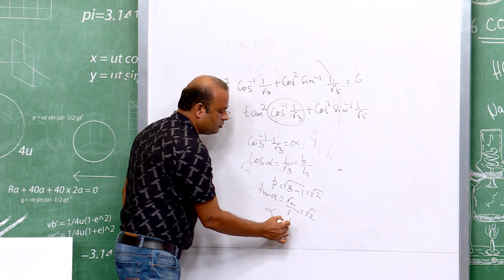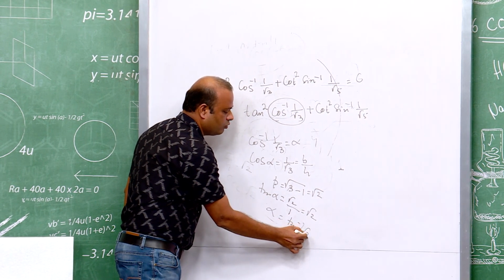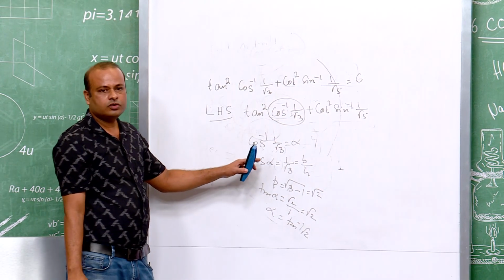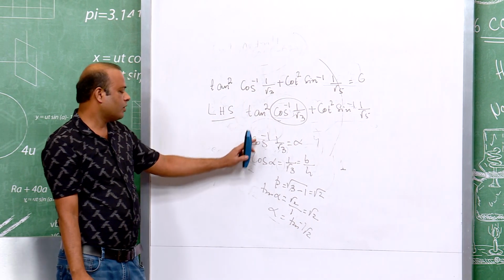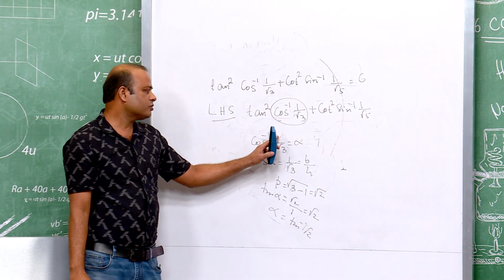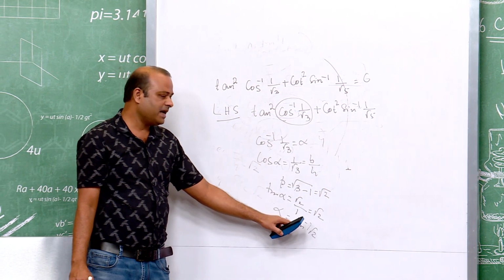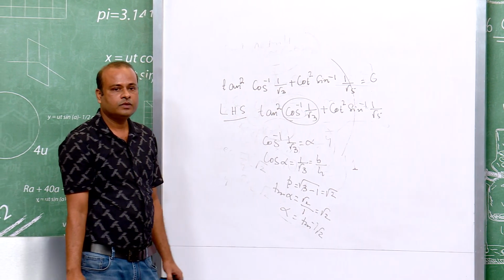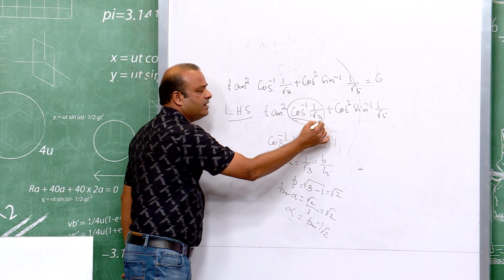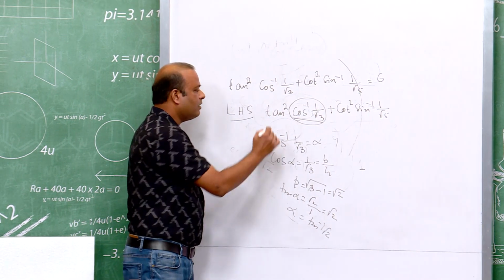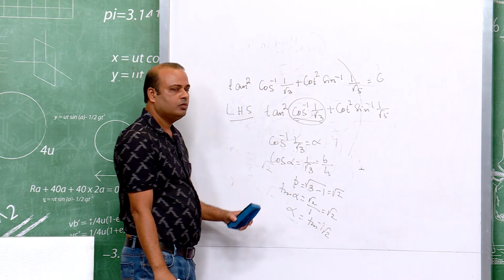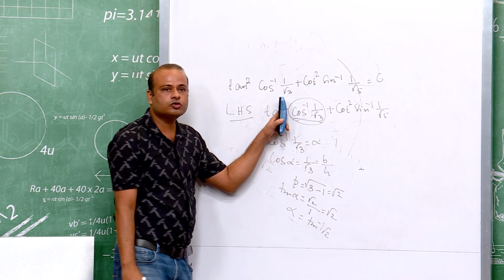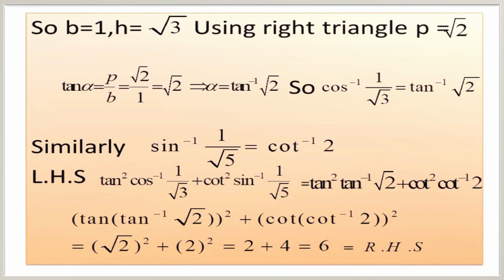So alpha is tan inverse root 2. In one note I have told you the conversions. So cos inverse 1 by root 3 is the same as tan inverse root 2. So here put tan inverse root 2. Now tan of tan inverse root 2 is root 2, so here it is root 2 square, that is 2.